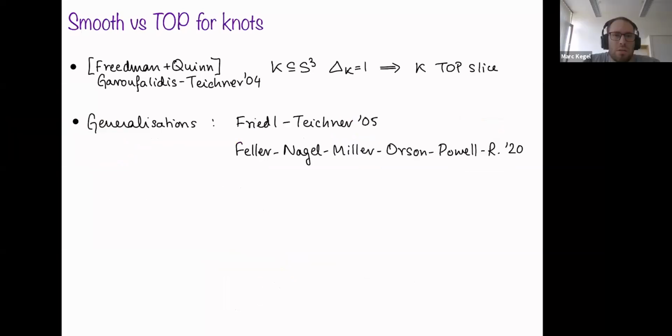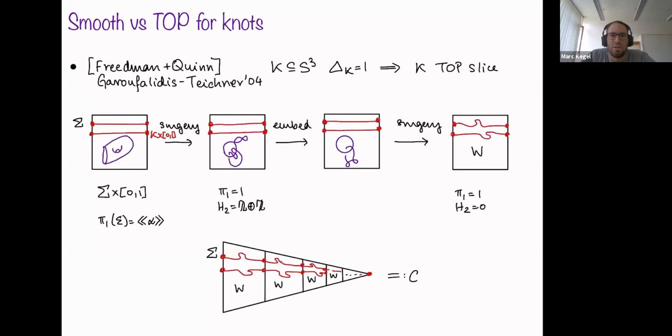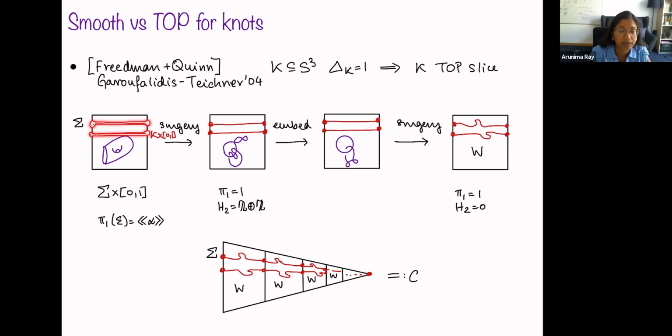So is this that you construct, is this just the cone of the knot, or is it something else? It's not. That's a great point. What I'm trying to do here, again, I'm not saying very many details, is this. You started with your Alexander polynomial 1 knot, and you took its product with the interval inside of S3 cross interval at the moment.